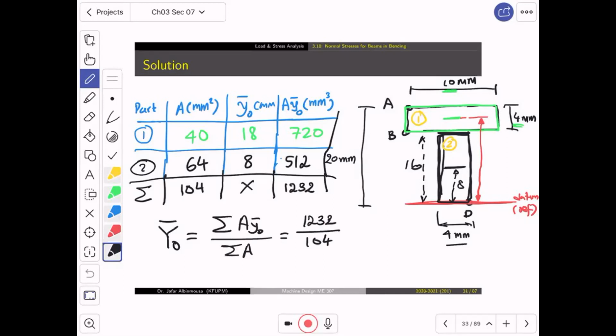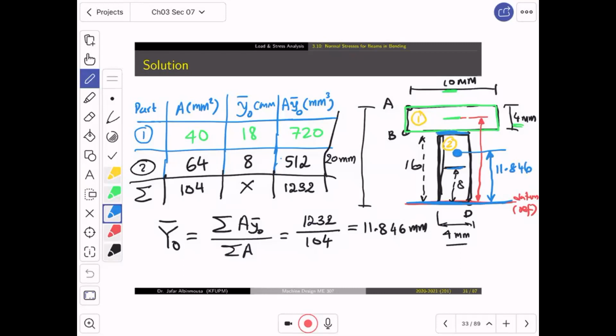How much is this? This is 11.846. Now, where is this located? It is located from the reference going to 11. If this is 8 and this is 16, then 11 is probably somewhere here. So this one is 11.846.